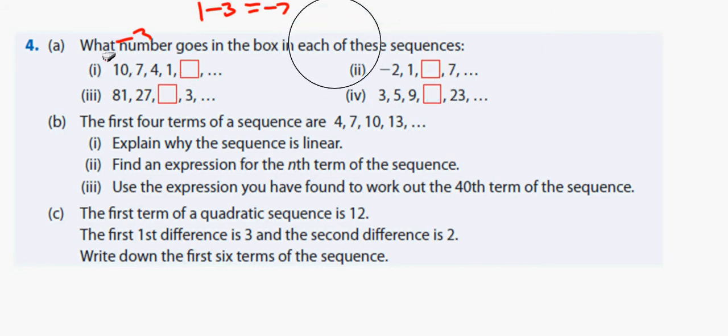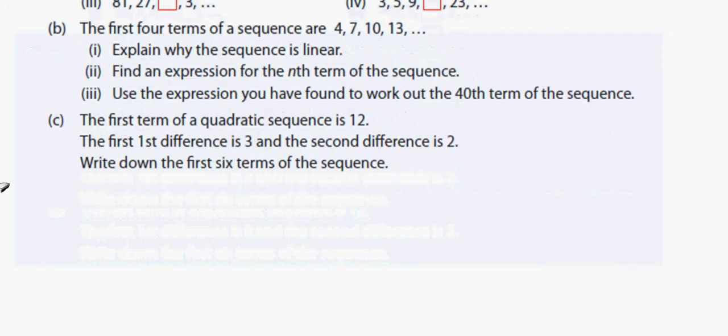The first 4 terms of the sequence are 4, 7, 10, 13. Explain why the sequence is linear. The sequence is linear because it's the same gap of 3 between each of the terms. The sequence goes up by 3 each time. Find an expression for the nth term of the sequence. A equals 4, D equals 3.